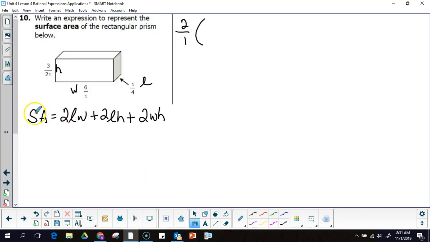Okay, so this is the surface area formula, because the next one's surface area. And so we're just going to fill these in first.